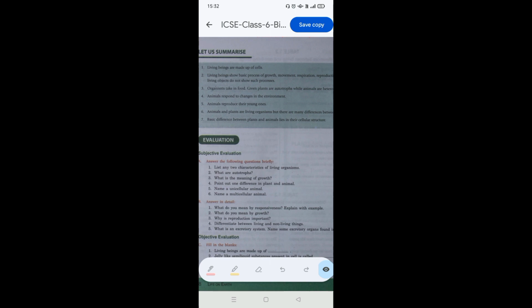Next, the fourth question is, point out one difference in plant and animal. The basic difference between plants and animals lies in their cellular structure. That is, the plant cell and animal cell structure is the main difference between plants and animals. Name a unicellular animal.